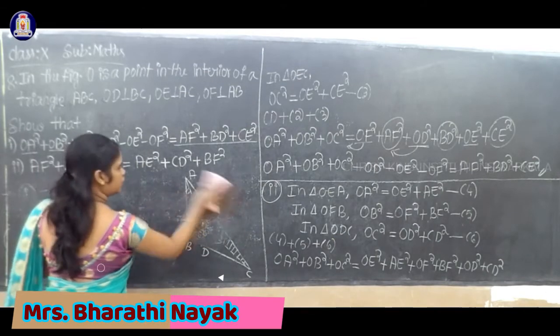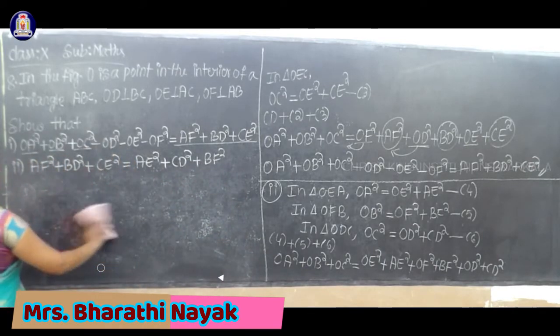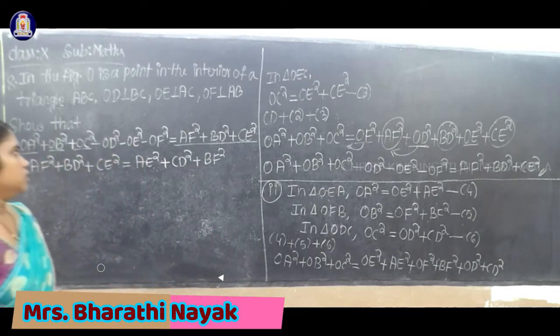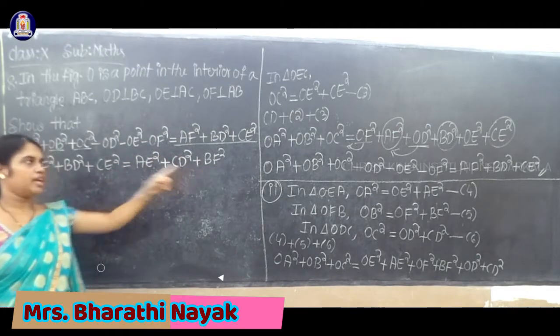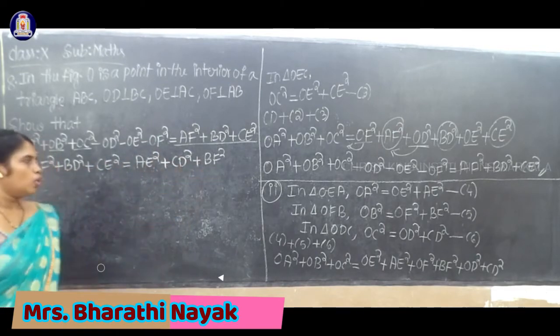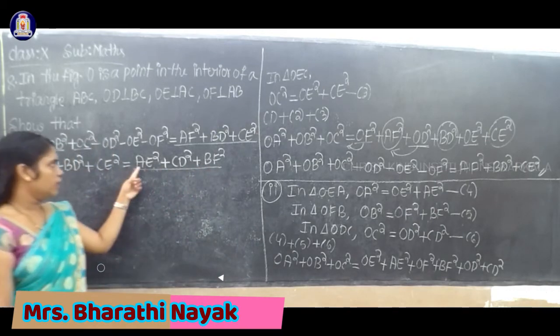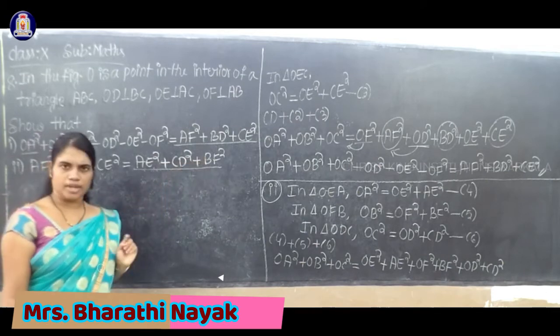So now this figure we don't want, actually all the information we have written, so therefore I will rub this off. Okay, yes. So next, just look at your question number 2. In question number 2, what is there in the right hand side? Your right hand side term is AE square plus CD square plus BF square, isn't it?